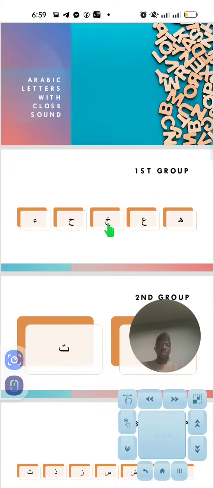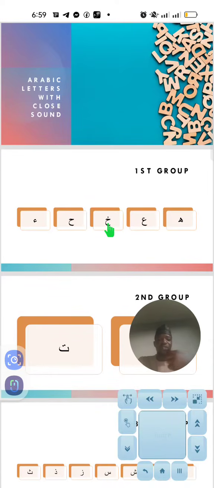This one comes out from the throat, as if something blocks your throat and you are trying to push it out. That's how you pronounce this one. When we give it the vowel sounds, fatha, kasra, dhamma, it becomes Kho fatha, Kho. Kho kasra, Khi.